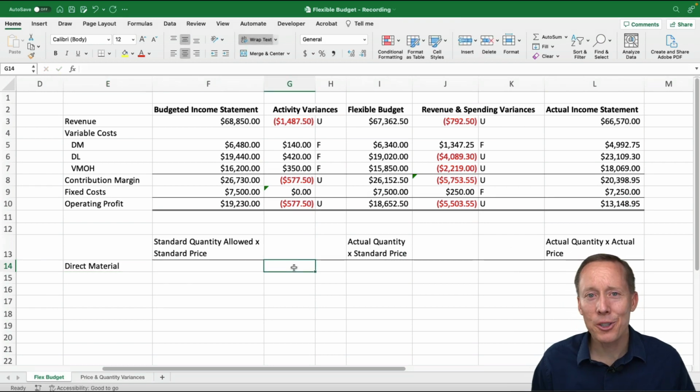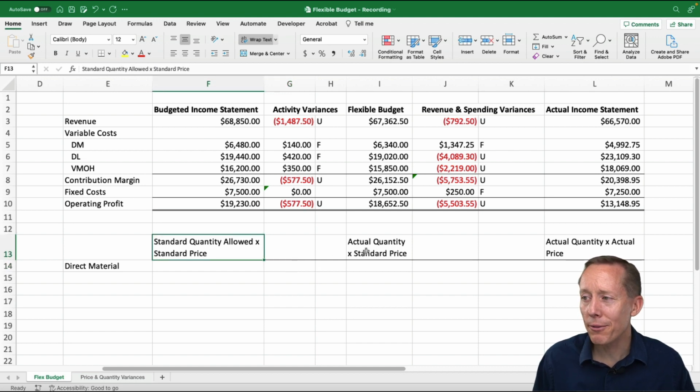Okay, now that I have the structure, it'll make it a little bit easier and hopefully we can draw some connections here. So I'm going to calculate three different numbers for material, and then I'm going to calculate the differences between those numbers to get a variance.